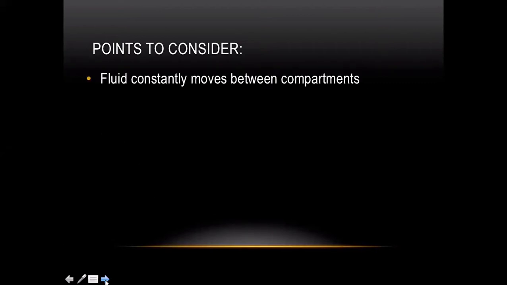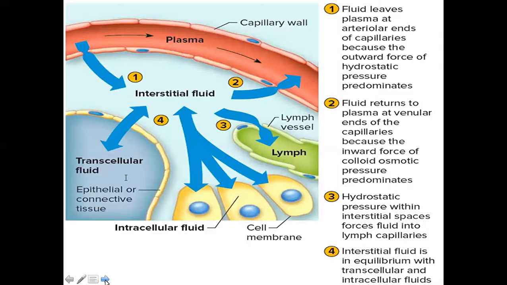Okay. Next, fluid constantly moves between the compartments. So it is not steady, it is not stagnant. They need to move from one compartment to another compartment. Okay? So you need to move on. Whatever you left behind, every time you need to move on. So this is the normal flow of fluid in the body.